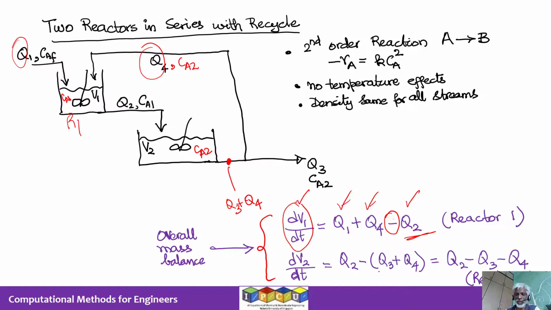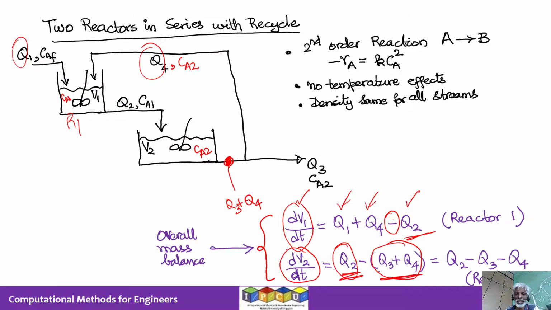So everything is fine. For the second reactor, the inflow volumetric flow rate is Q2. The outflow volumetric flow rate out of reactor 2 at this particular point is going to be Q3 plus Q4. Therefore, inflow rate is Q2, outflow rate is Q3 plus Q4. So inflow minus outflow. That imbalance will lead to changes in volume contents for reactor vessel 2.